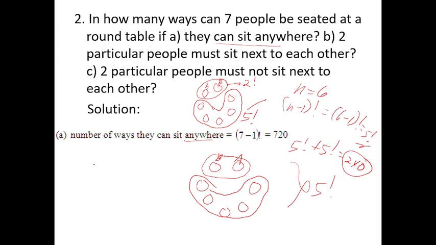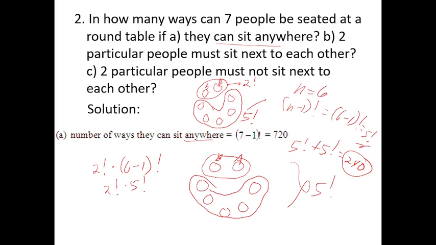Kaya, ang shortcut, A and B, ito yung 2 factorial times 5 factorial, yung 6 minus 1 factorial. So, 1, 2, 3, 4, 5, 6. Consider that's 1. Kaya, 2 factorial times 5 factorial siya. I hope you get it, no? Okay.